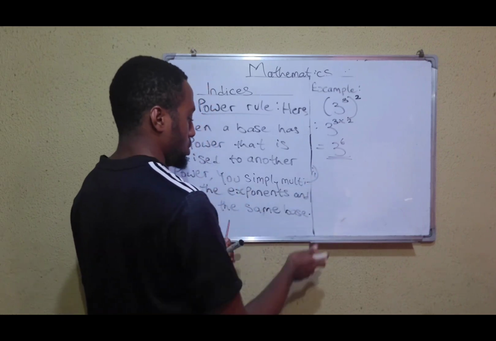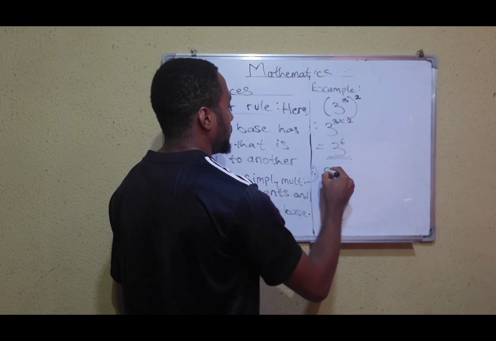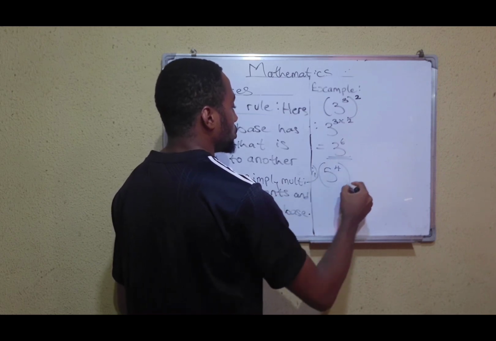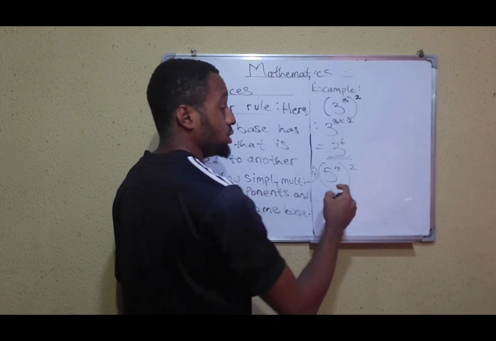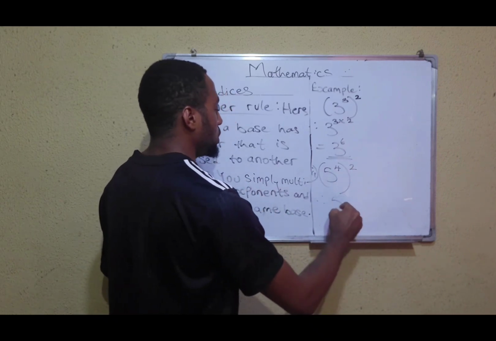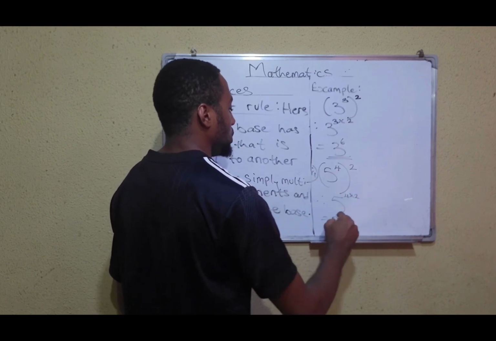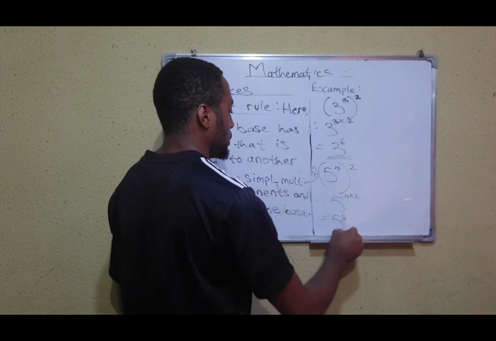Let's use 5. If, for example, we have 5 raised to the power of 4, which is also raised to the power of 2. The same process: you pick the same base and multiply their powers. So this gives us 5 raised to the power of 8.